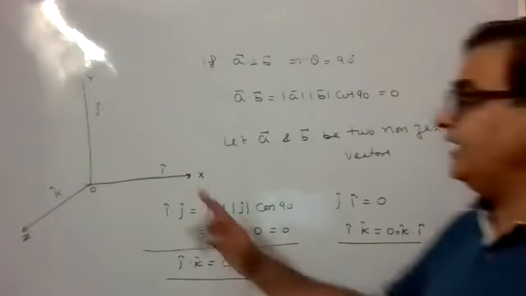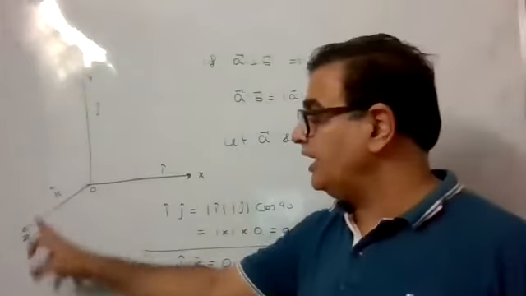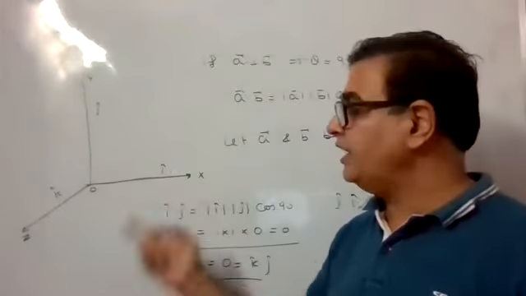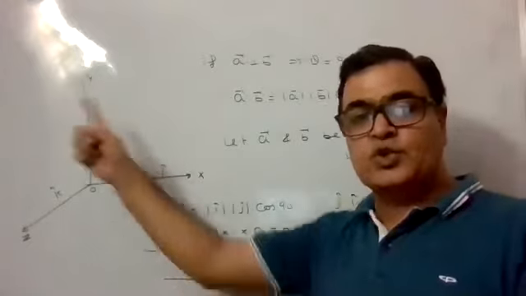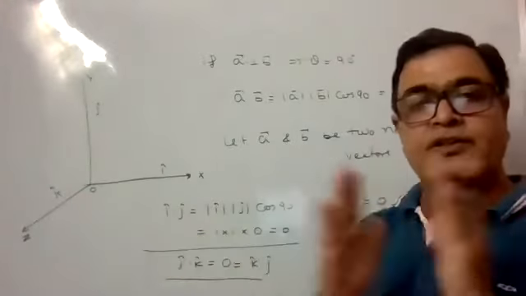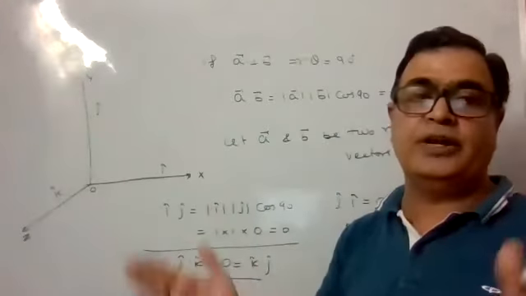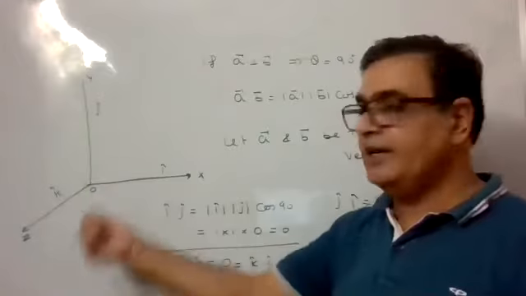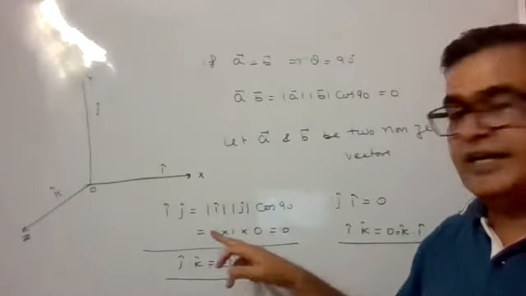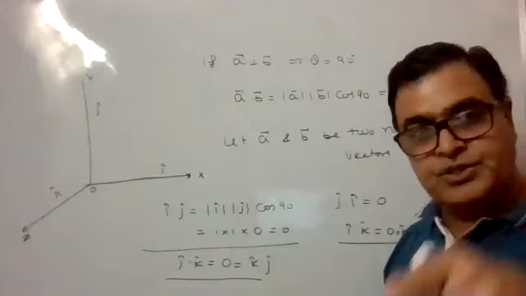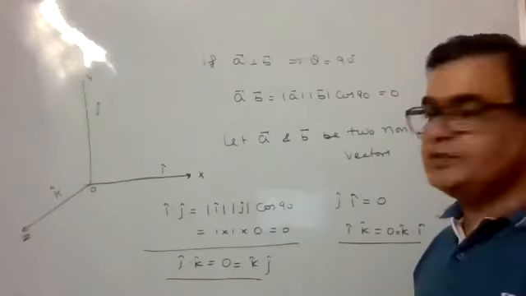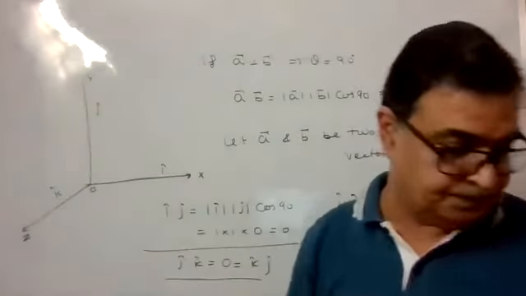So keep in mind, i dot j you take, j dot k you take, k dot i you take, i dot k you take, k dot j you take. Any two you take, they are definitely perpendicular and their dot product has to be 0. So this is a very important result. Wherever i dot j will be there, you should put it 0. j dot k 0, k dot i should be 0, and their reverses are also 0.